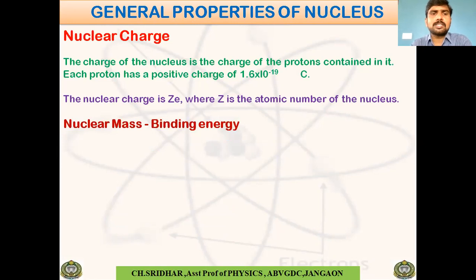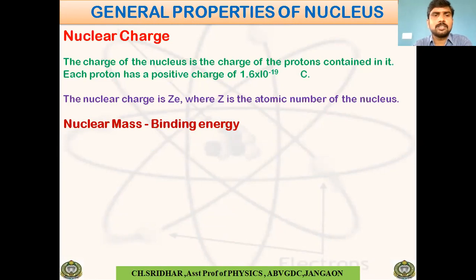Then the nuclear mass and the binding energy. In order to keep the protons, which are like charges, within a small volume, if we consider the radius of the nucleus, which is of the order of 10 to the power of minus 15 meters, and calculate the volume, that gives 10 to the power of minus 15 whole cube.